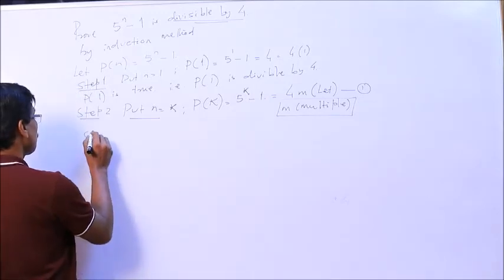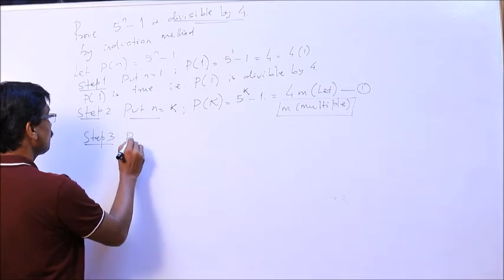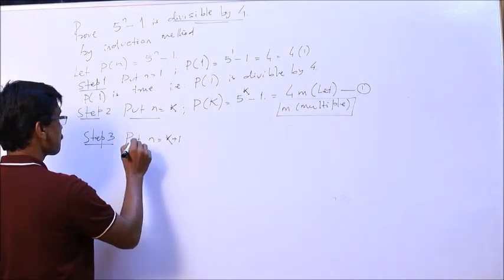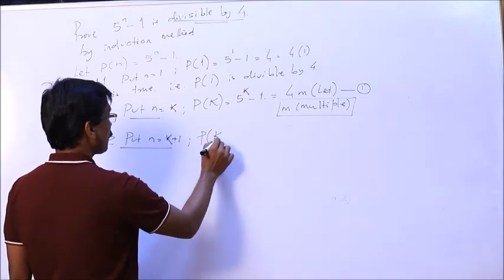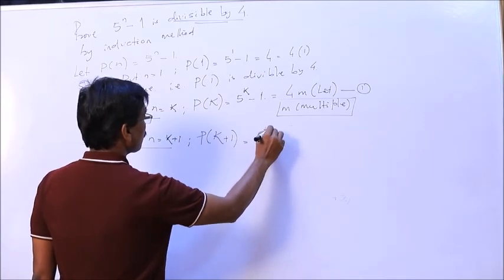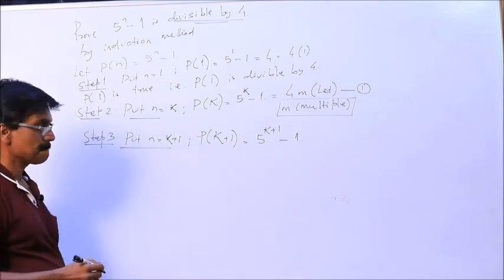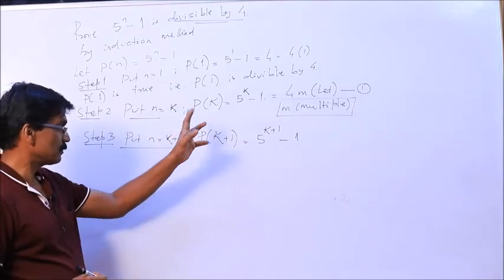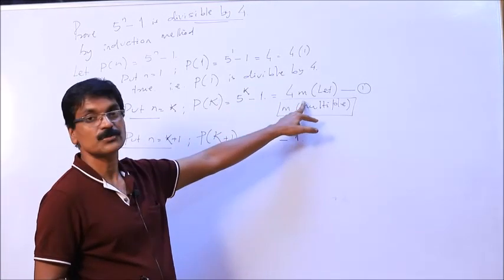Now, coming to this third step, if we put n is equal to k plus 1, then P k plus 1 is equal to 5 to the power k plus 1 minus 1. Now, using this result, Pk, that is 5 to the power k minus 1 is equal to 4m.